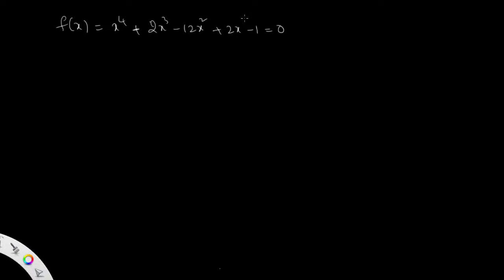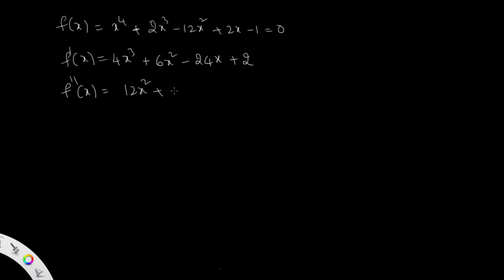Then find f dash x. F dash x is nothing but the first differentiation: 4x cube plus 6x square minus 24x plus 2, and then again f double dash of x, that is 12x square plus 12x minus 24.